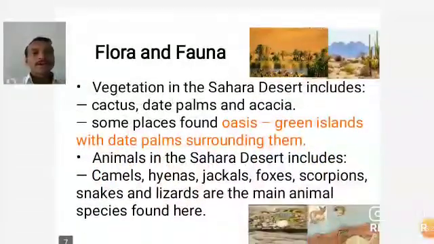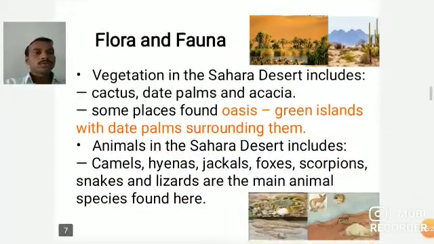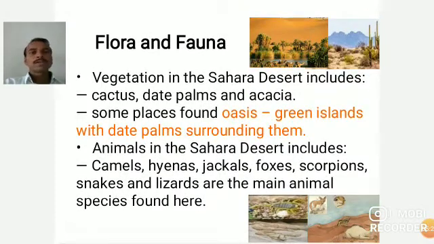So, flora and fauna. Students, you learned in the previous classes what flora and fauna are. Flora means the vegetation and fauna means the wild animals. So vegetation in the Sahara Desert includes cactus, date palms, and acacia. Students, you also learned in science that if there is a very short rainy season, we find vegetation like cactus and acacia, but in the Sahara Desert date palms are also there.